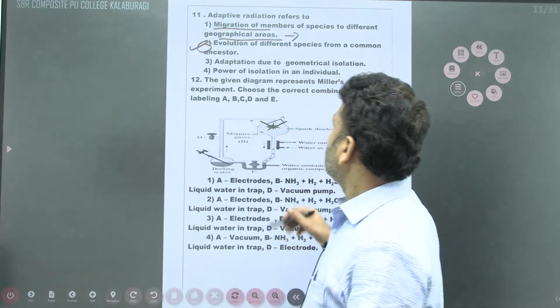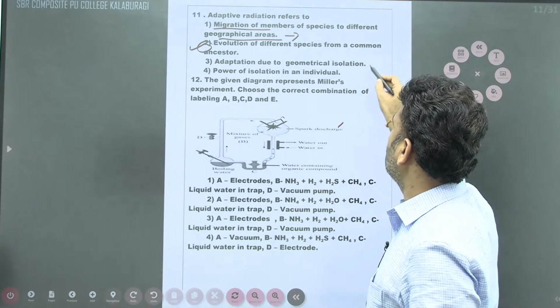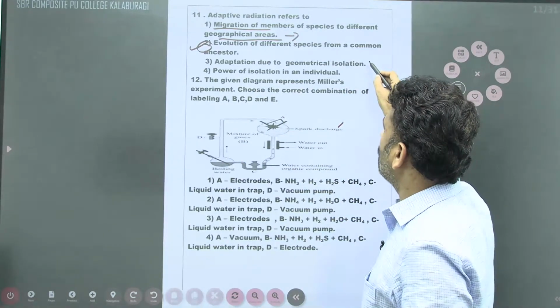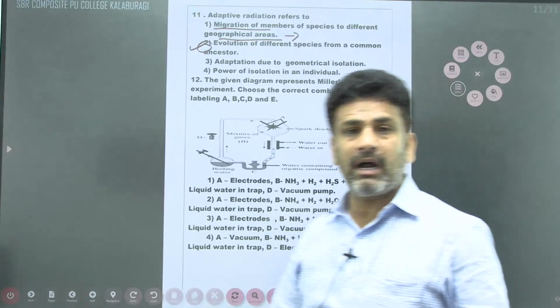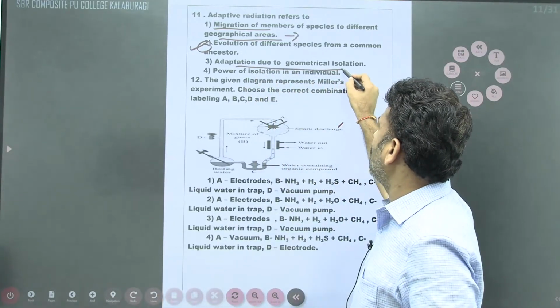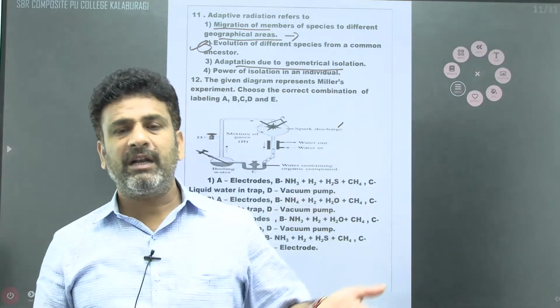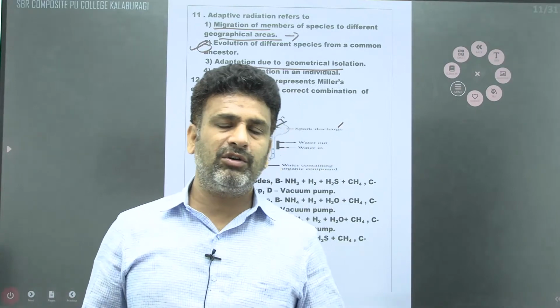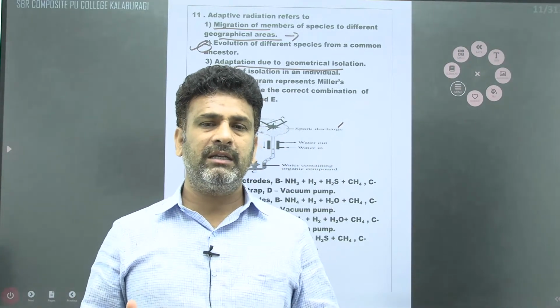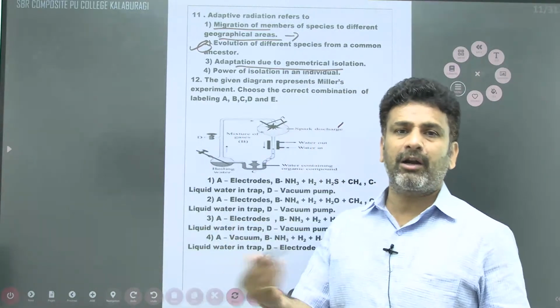Then the third one, the adaptation due to geographical isolation. According to the changing environmental conditions and geographical area, the individual has to adjust or adapt.